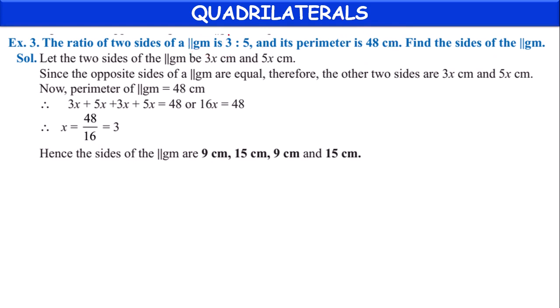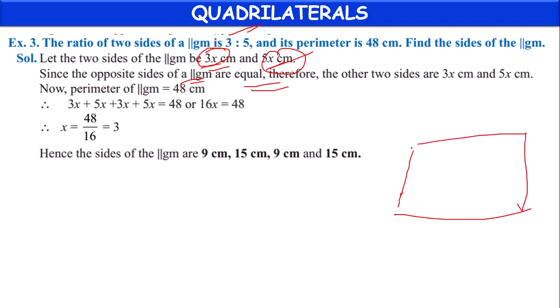If the ratio is 3:5, then the sides will be, one will be 3x, another will be 5x. But opposite sides of a parallelogram are equal. If the adjacent sides are 3x and 5x, then the other two sides also will become 3x and 5x.